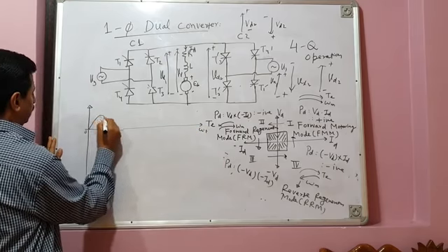This is 0, pi, 2 pi, 3 pi and so on, and this is your source voltage Vs. Now let us assume converter C1 is operating in the rectification mode, and in the rectification mode its firing pulses or control pulses are like this. Let us assume this is alpha.